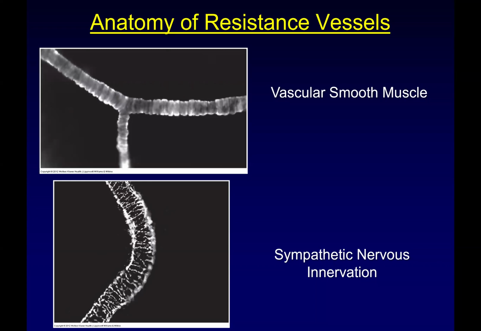Okay. So arterioles are highly innervated by the sympathetic nervous system. So this is one of the ways. It's not the only way, but this is one of the ways that we can tell arterioles to constrict or relax and change the pressure inside, and therefore change or adjust how much blood makes it through them. Okay? How much blood makes it through.